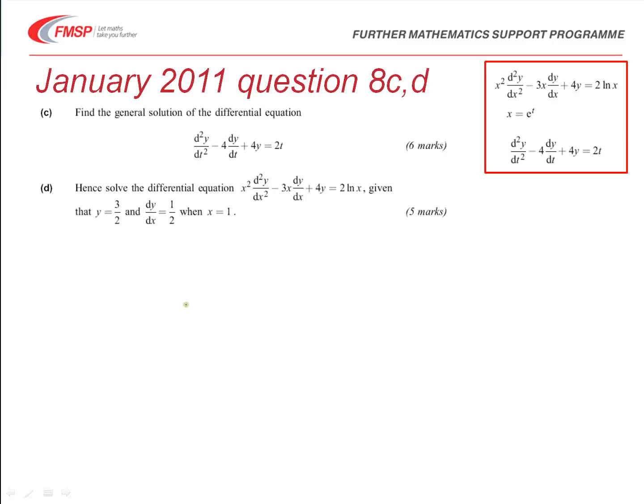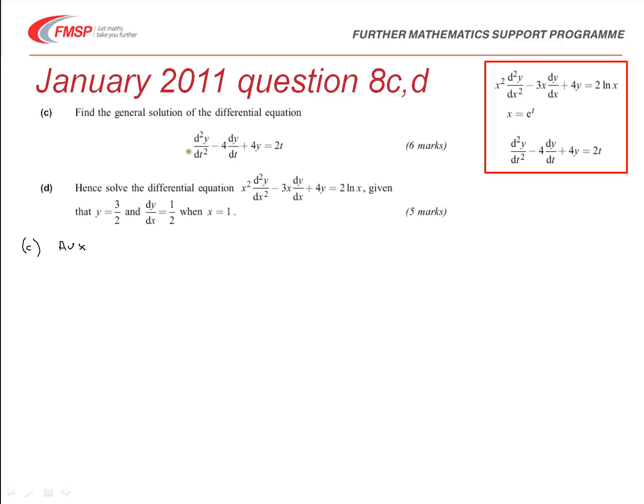But there's more to this question, another 11 marks yet. Having now obtained in part B the differential equation in terms of y and t, we've now got to find the general solution to this. So we know to find a general solution we have to solve the equation when it equals 0, and we use the auxiliary equation, which is found from the coefficients of d2y by dt squared and dy by dt and y.